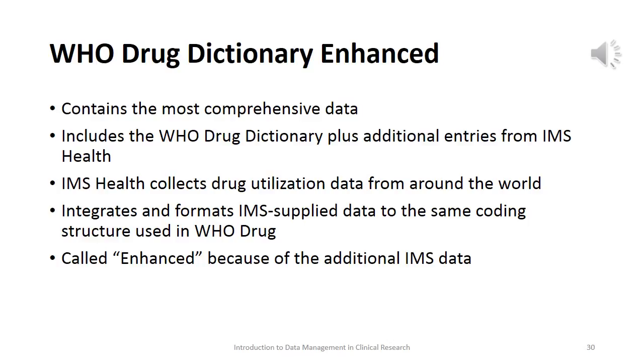It includes the basic World Health Organization Drug Dictionary plus additional entries from IMS Health. IMS Health is an organization that collects drug utilization data from around the world. It integrates and formats the IMS supplied data into the same coding structure that's used in the World Health Organization Drug Dictionary. And it's called Enhanced because it includes this additional IMS data.